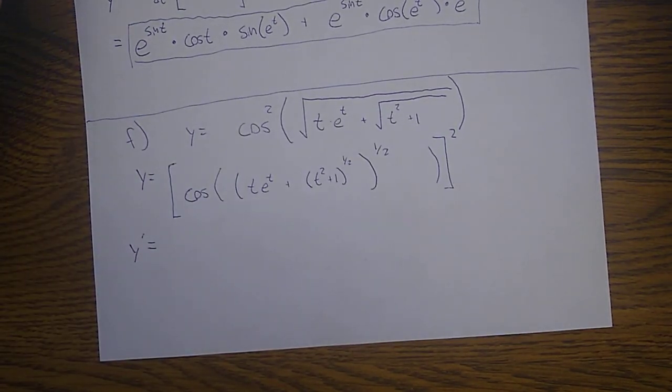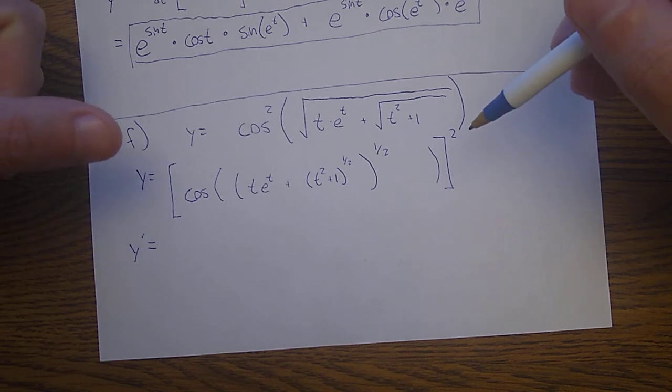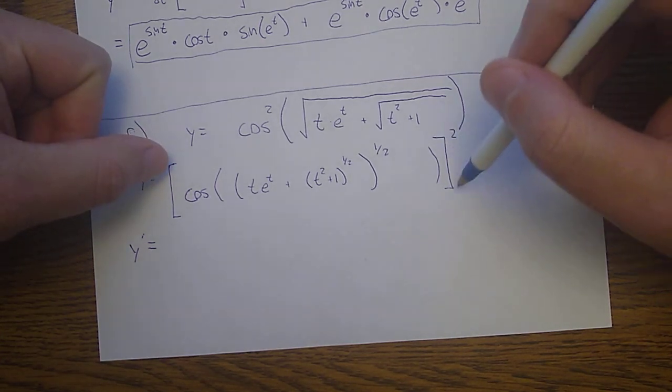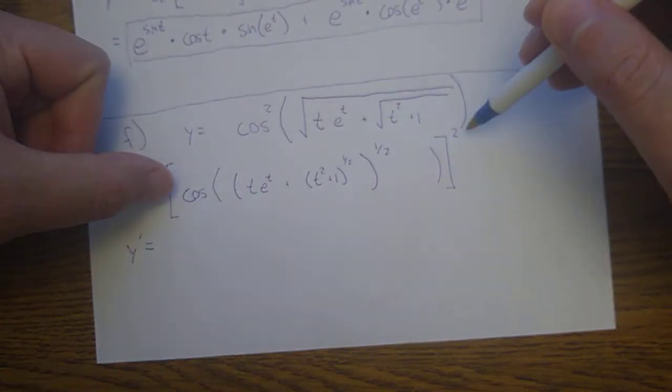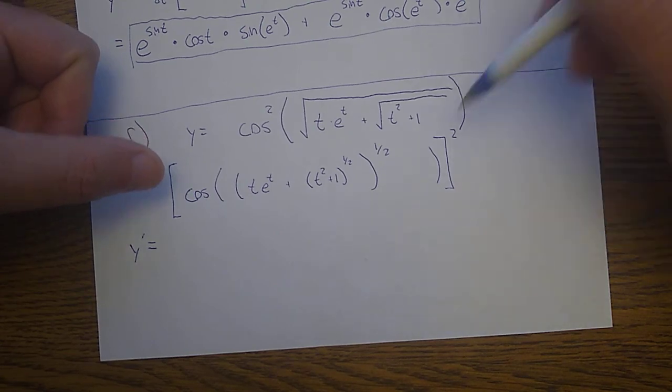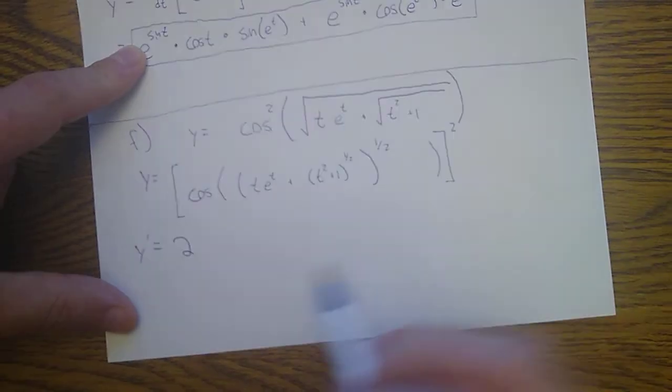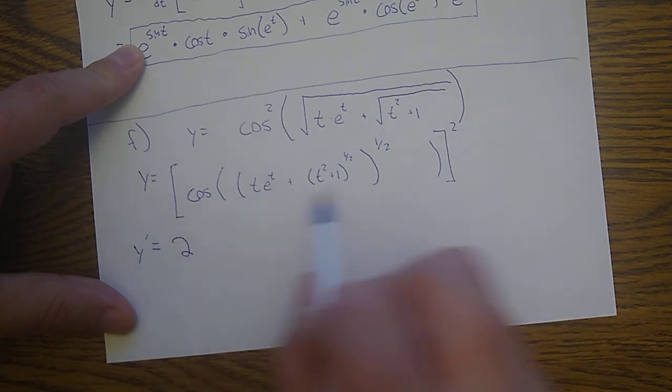Okay, so what would the derivative be? I would take the derivative of the outside function. So the outside function is like x squared, and the derivative of x squared is 2x. So I'm going to write 2x, except instead of x, I write the inside.